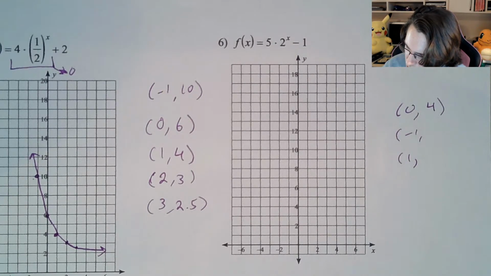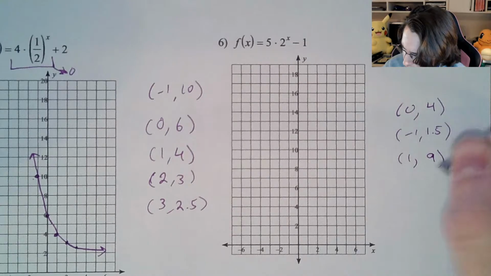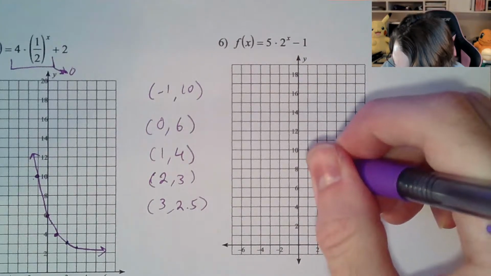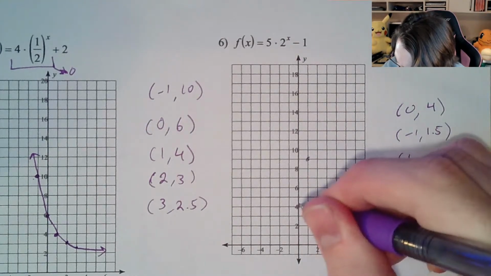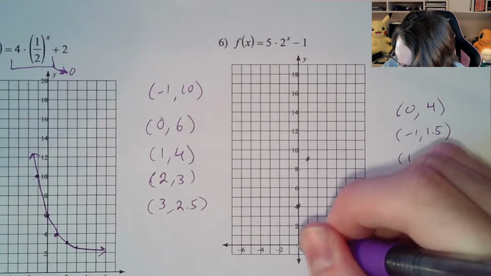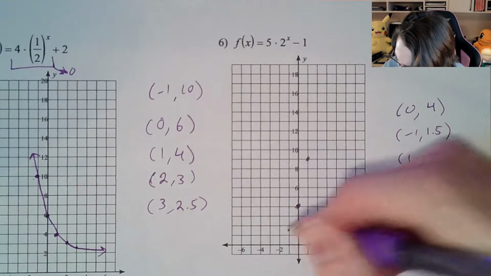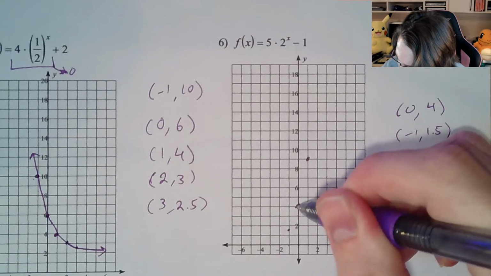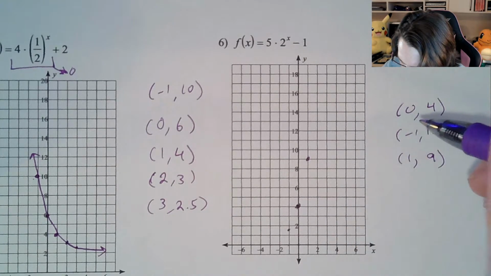When you plug in -1, looks like you will get 1.5. And when you plug in +1, you get 9. So we have 1, 9. We have 0, 4. And we have -1, 1.5. Hopefully nice and clear.